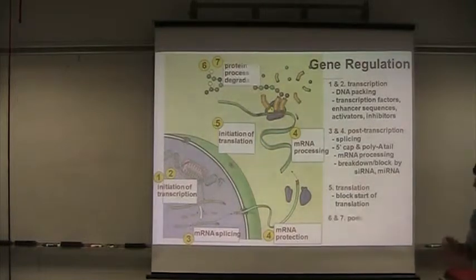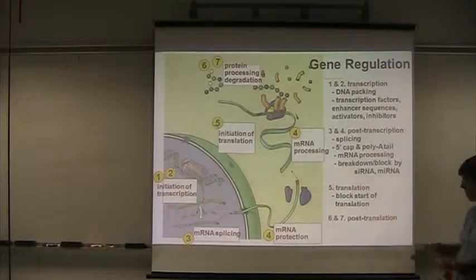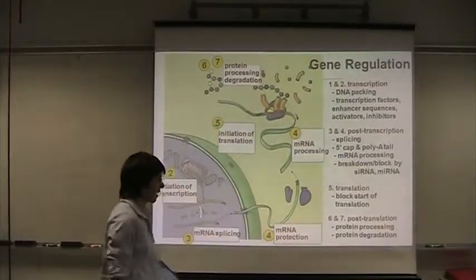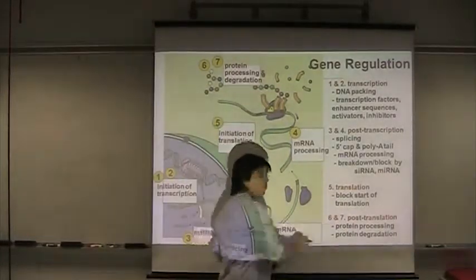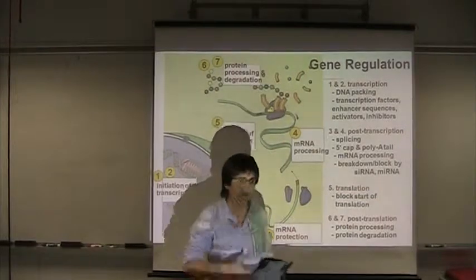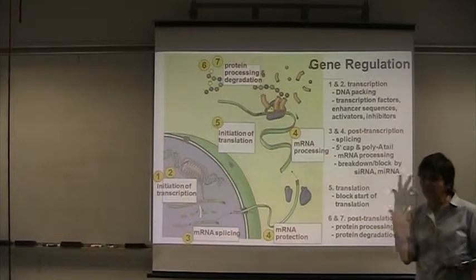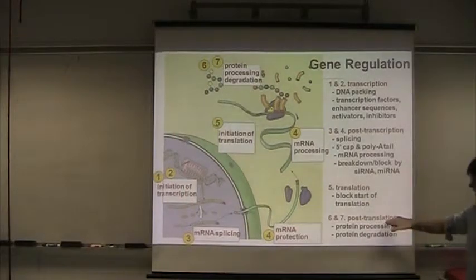Now, if we make it past translation and we have a protein, well, then a couple of things can happen. We might have issues with the processing of the protein, either the glycosylation or phosphorylation or the proper folding, and everything stops right there.